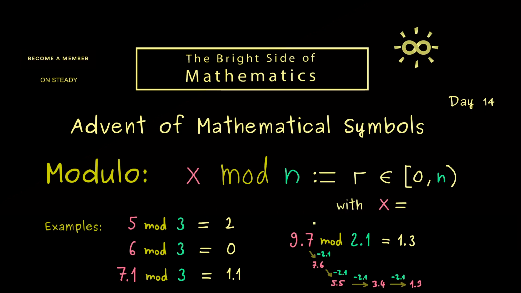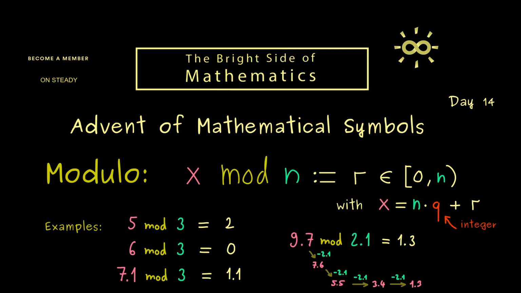Moreover, now we also know how we get this number r, because we can write x as a sum. Namely, it's n times an integer we can call q plus the remainder term r. So you see, for our positive numbers x and n, this is exactly the procedure we explained before.